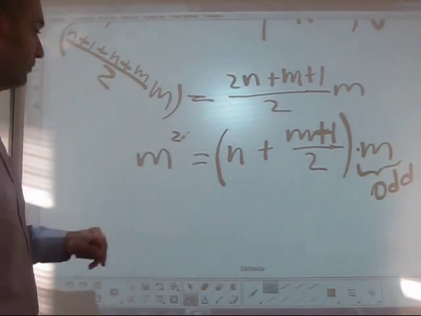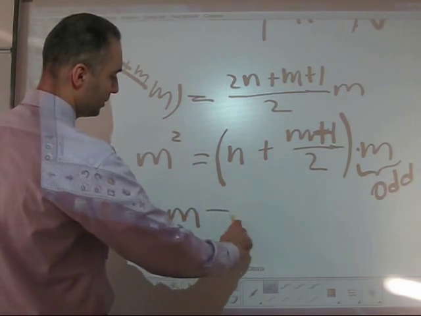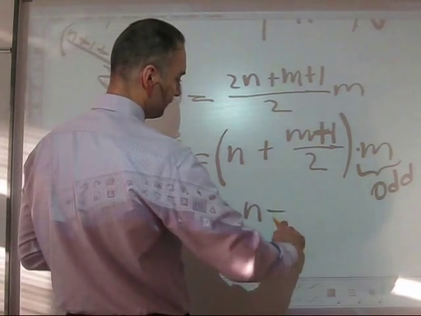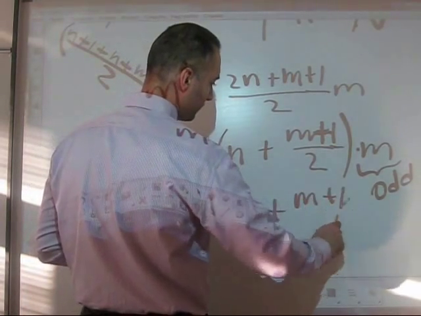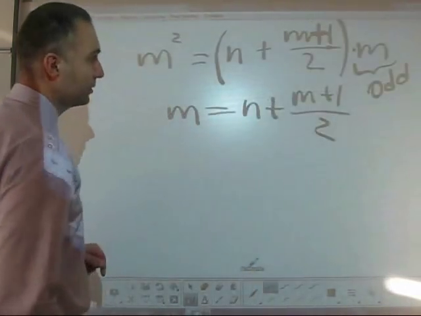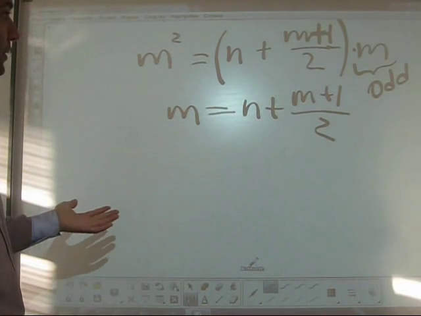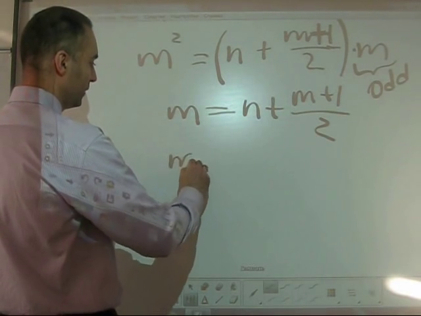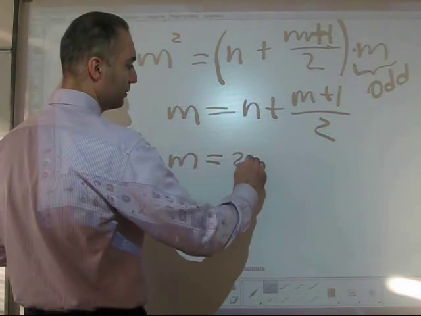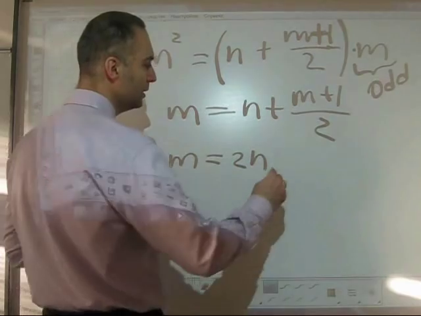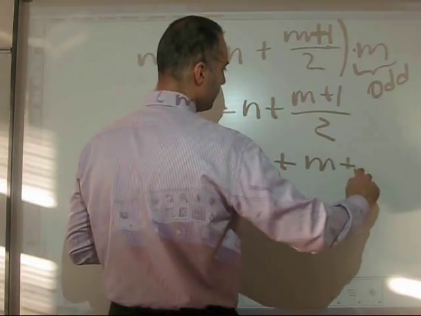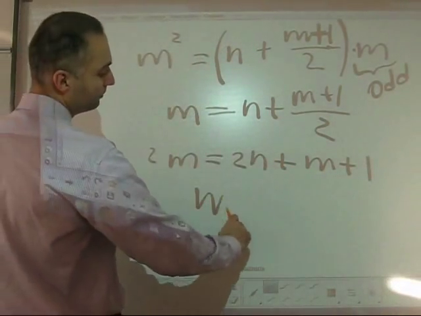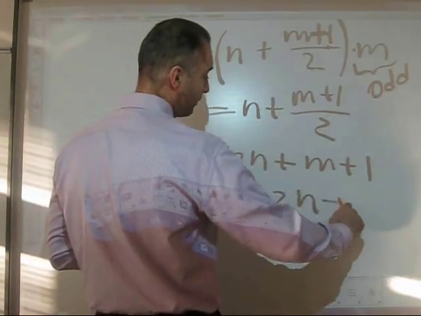So from here we can get this. And by doing some simple math, we can get that 2m equals 2n plus m plus 1 and m equals 2n plus 1.